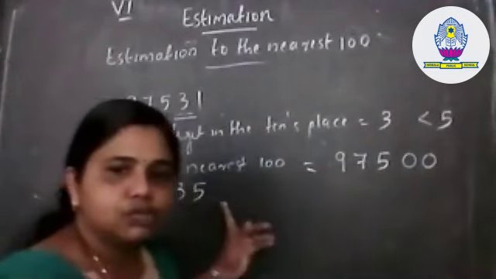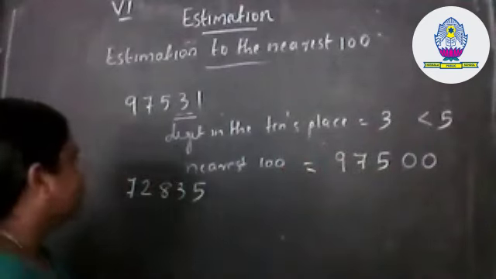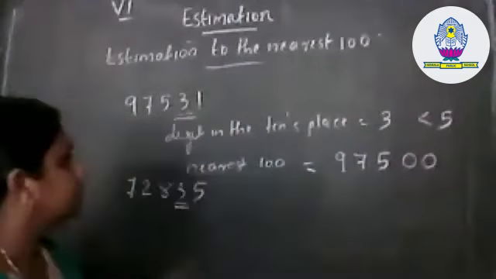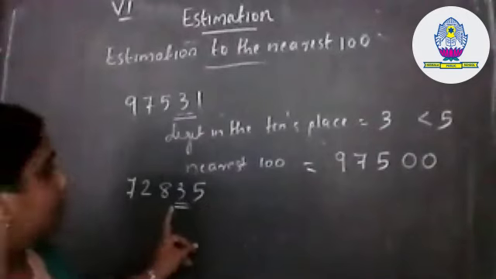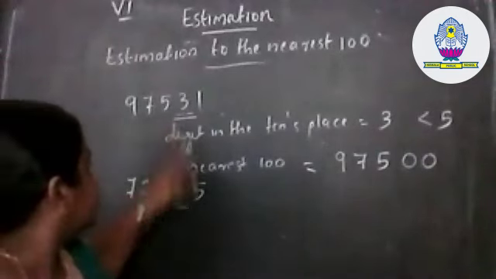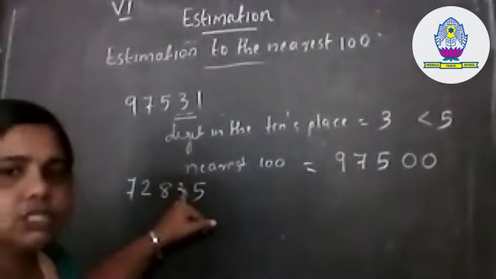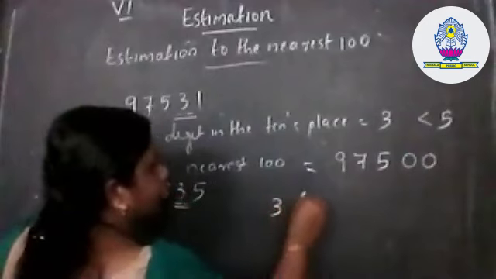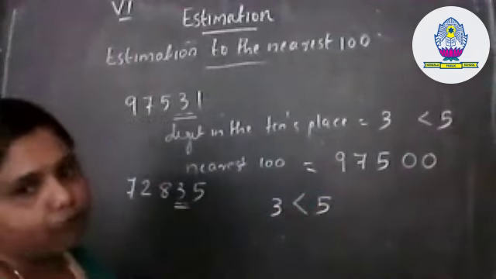72,835. Here we consider the digit in the tens place. The digit in the tens place is again 3. So 3 is less than 5.